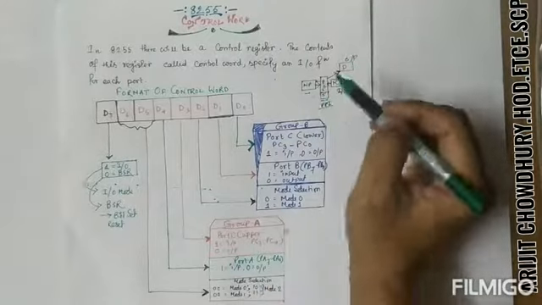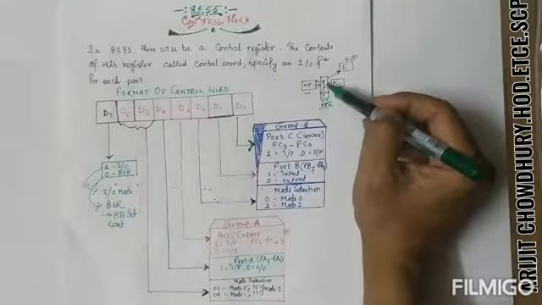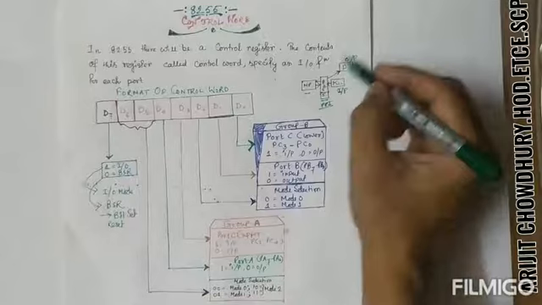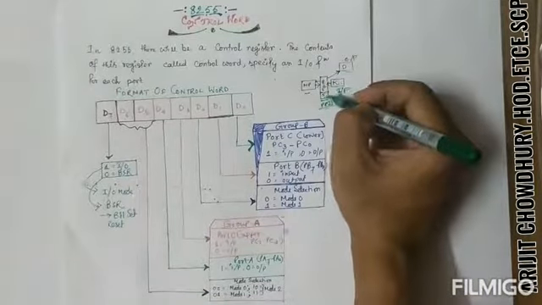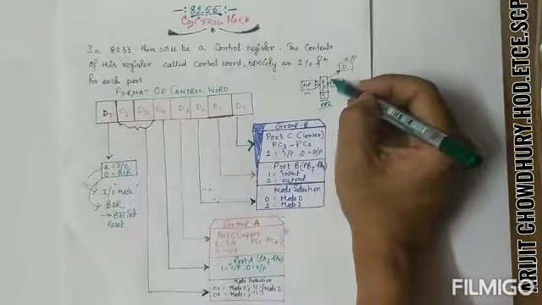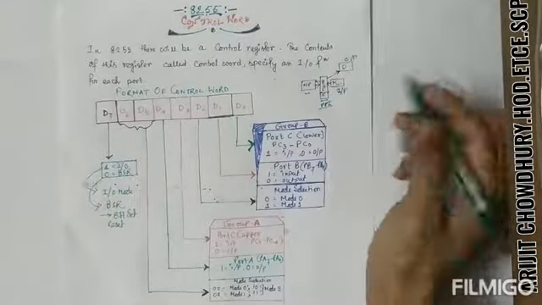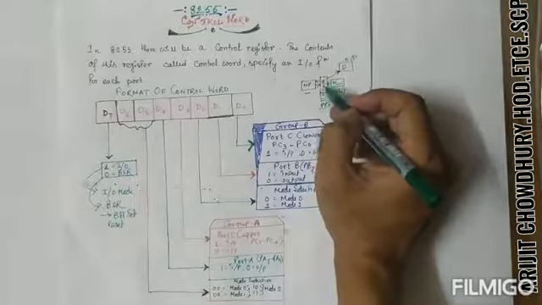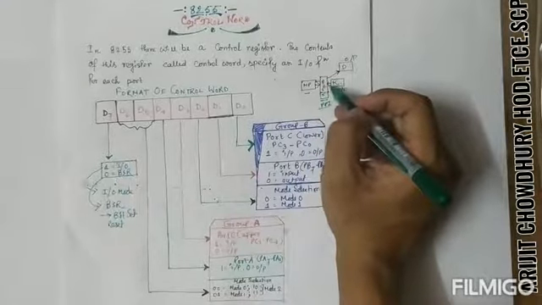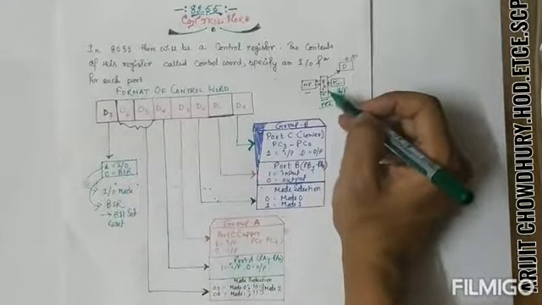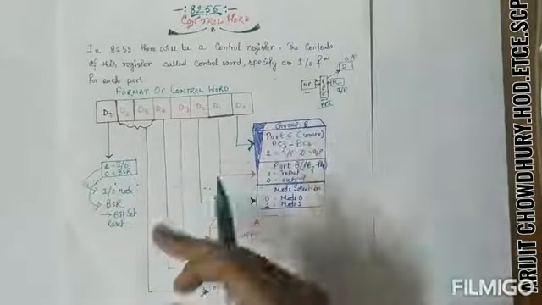When data goes from the 8255 to the display or output device, the ports act as output ports. When data comes from the keyboard or input device into the 8255, it acts as an input port. So the ports act as either input or output.